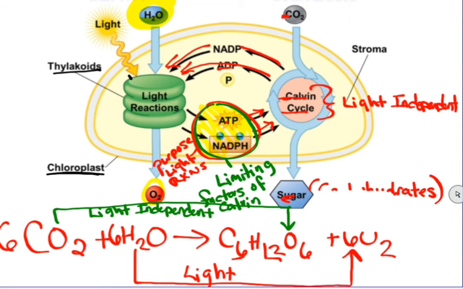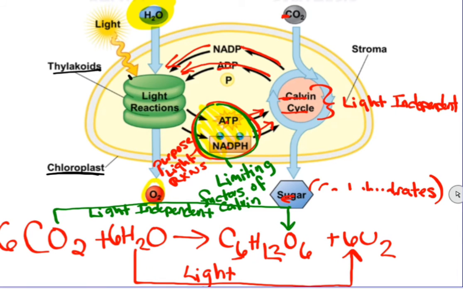So again, today what we were trying to address with the lab is that light is not directly needed to make glucose. Light makes ATP and NADPH, which when it runs out, prevents a plant from doing photosynthesis.